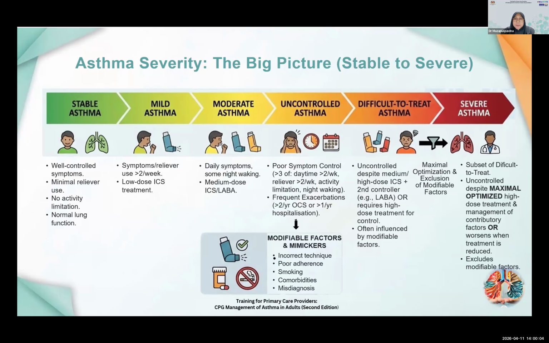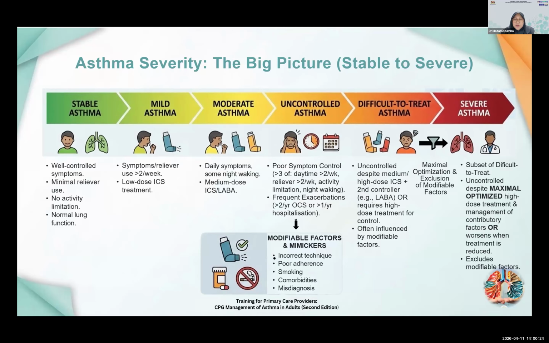Or the patient has frequent exacerbations, more than 2 times per year requiring oral corticosteroids, because when a patient comes with acute exacerbation, they will need oral prednisolone for a short term. Or more than 1 hospitalization per year.